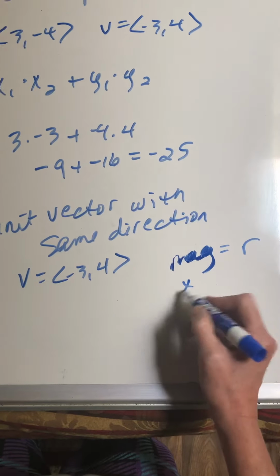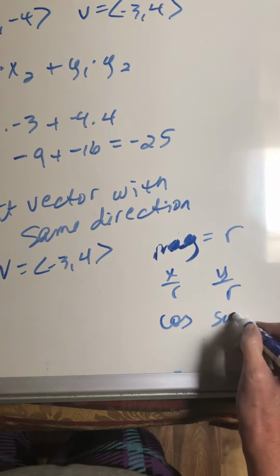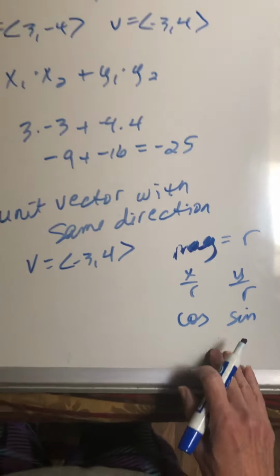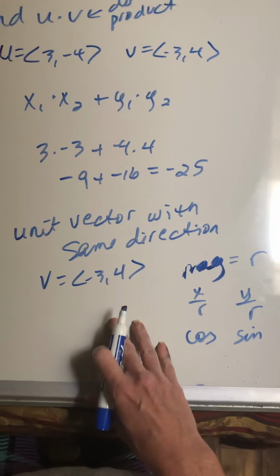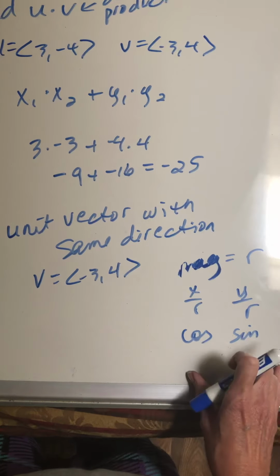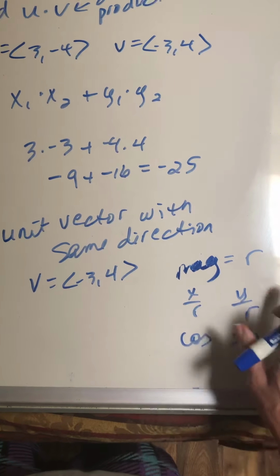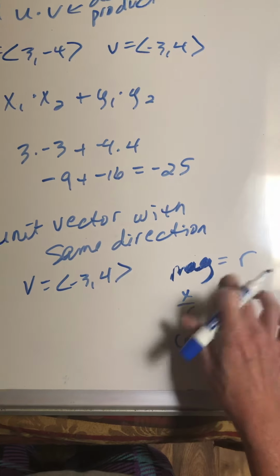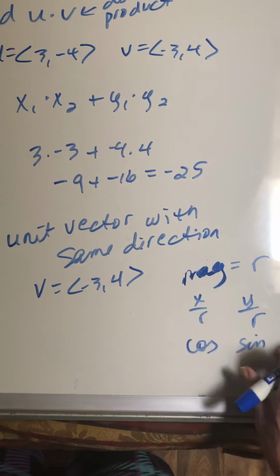Then you're going to put X over R and Y over R, which is your cosine and your sine, because in just a minute, they're going to change from asking you to find a unit vector with the same direction and ask you to write out a unit vector with a cosine and sine, okay? So remember, it's X over R and Y over R. You're going to find the magnitude first, which is R, and then write out your cosine and your sine.